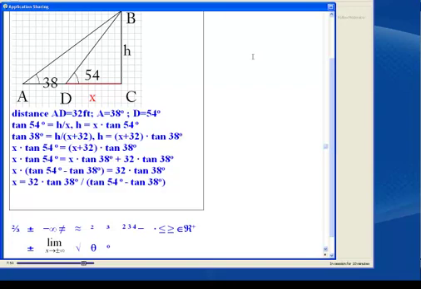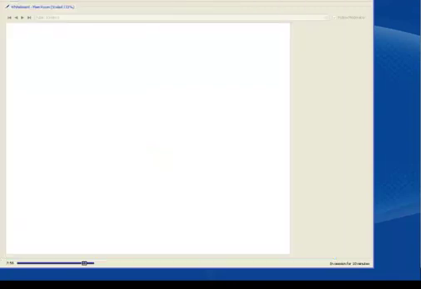And then we plug these numbers finally into a calculator. Let's just plug it into the online graphing calculator that I'm using.